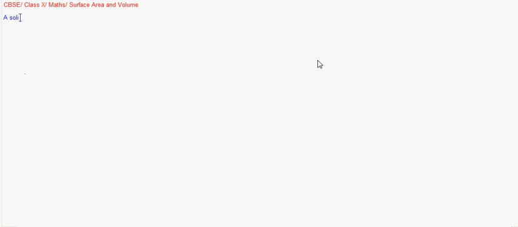a solid is in the form of a cylinder with hemispherical ends. The total height of the solid is 19 centimeter and the diameter of the cylinder is 7 centimeter.